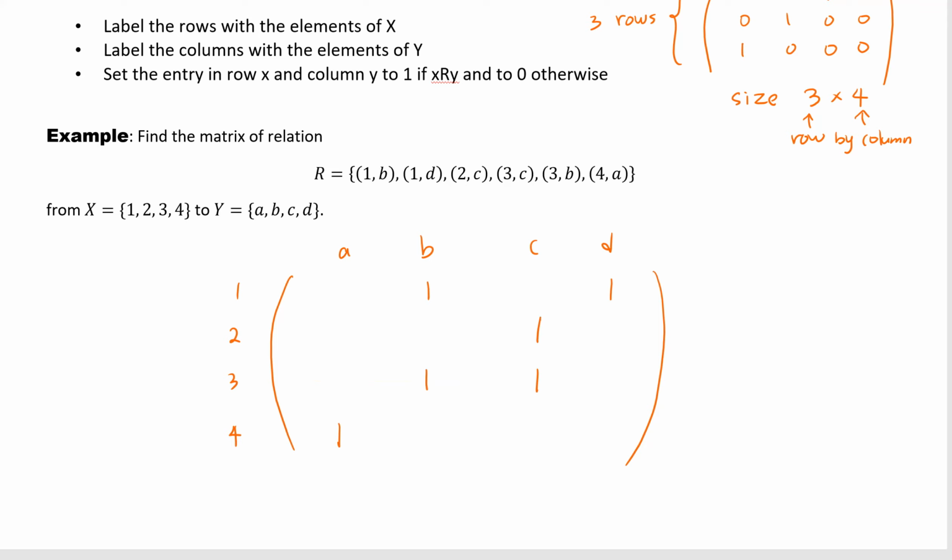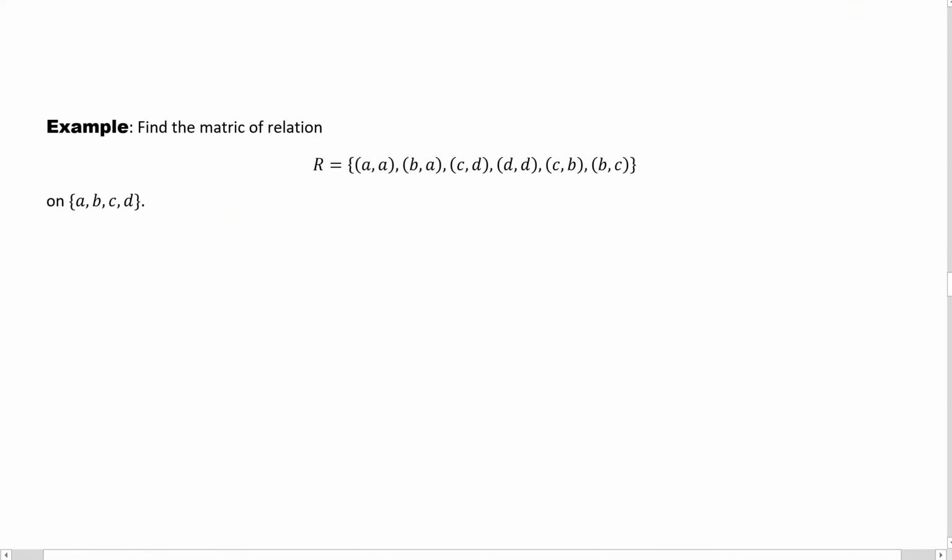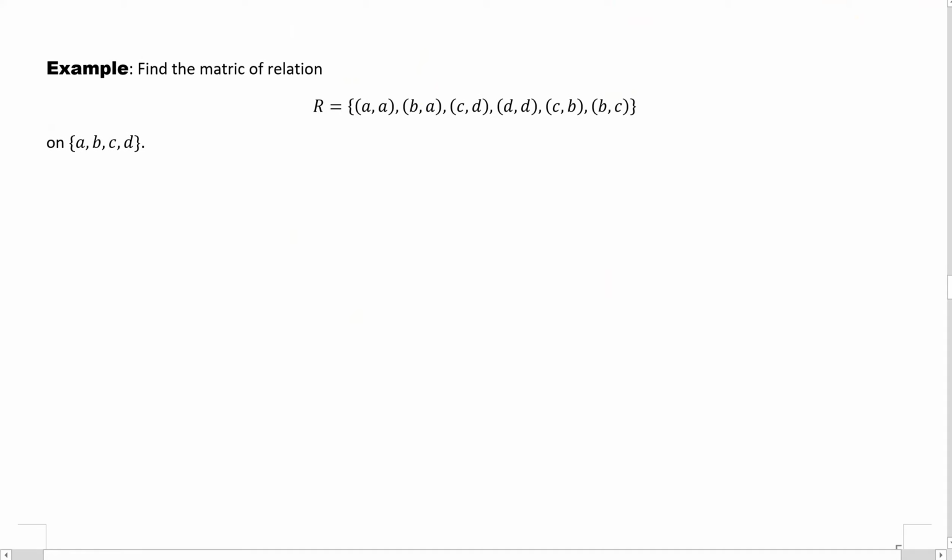After we fill the ones that correspond to the relation, the other entries we just fill with 0. So far so good, everybody? Very easy, right? Okay, let's continue.